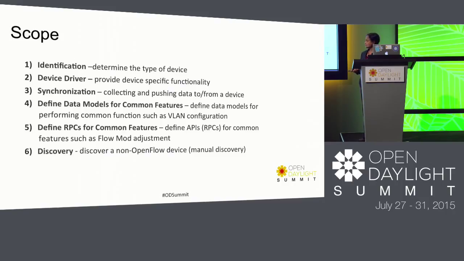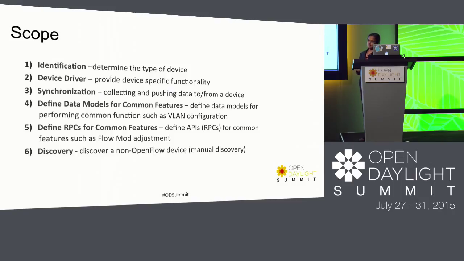Defining data models or defining RPCs, these are the two ways of sending information to the device. So we need a data model, for example, if it is a VLAN configuration, we need to create data models so that we can write instructions to the data stored in the MD-SAL mechanism. And then another component will be waiting for the notification.